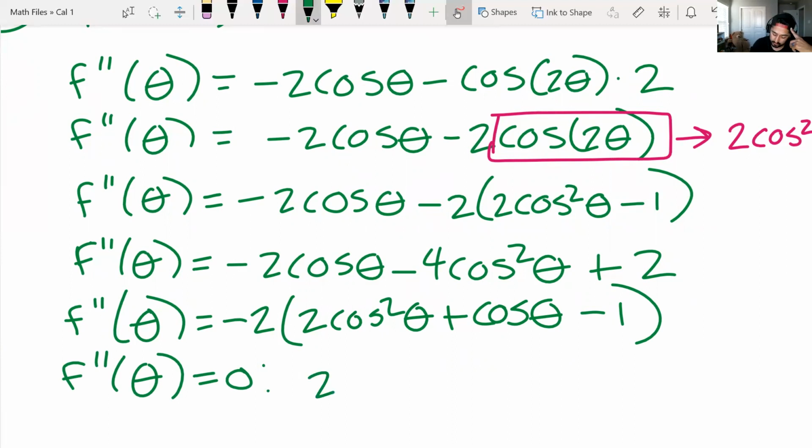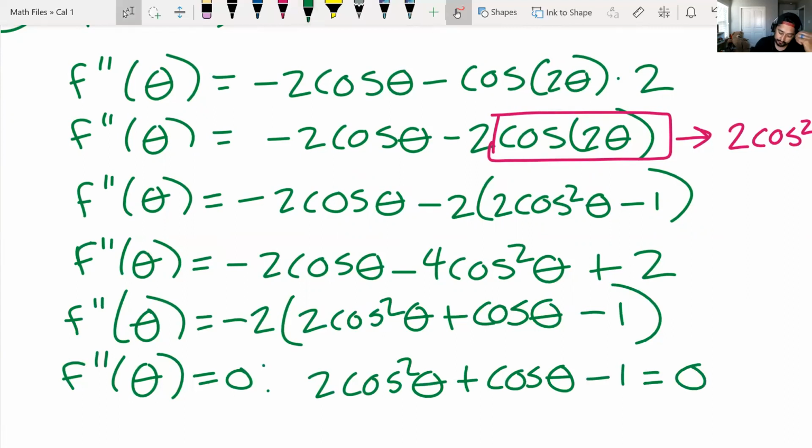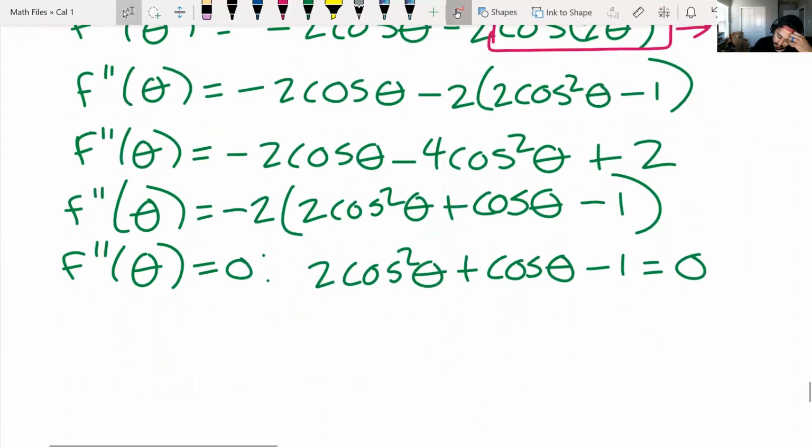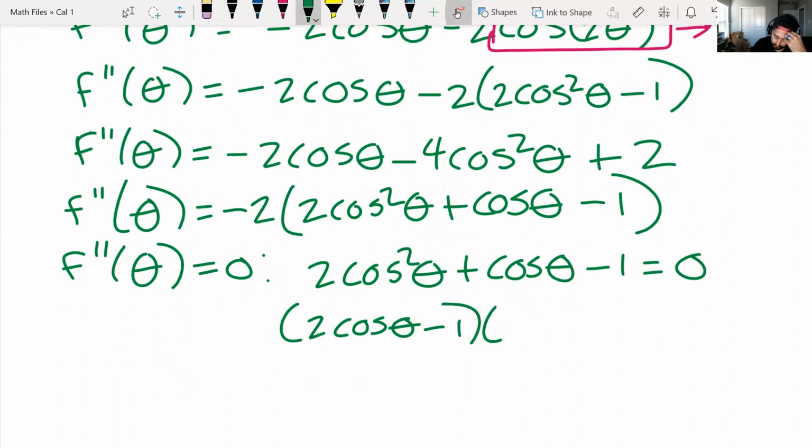I set 2 cosine squared theta plus cosine theta minus 1 equal to 0. I can factor this as 2 cosine theta minus 1 and cosine theta plus 1 equal to 0.